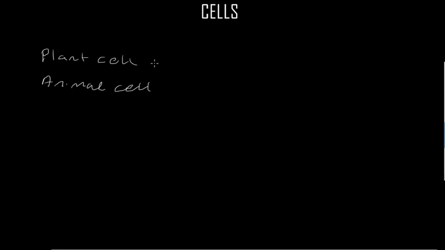Even in as much as these two cells might be different, they have structures in common. So let's first start with looking at these common structures in both the plant cell and the animal cell.